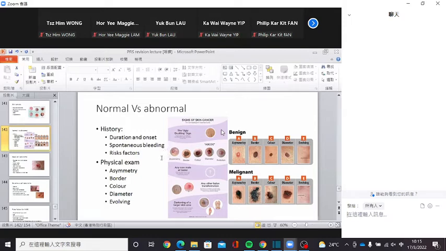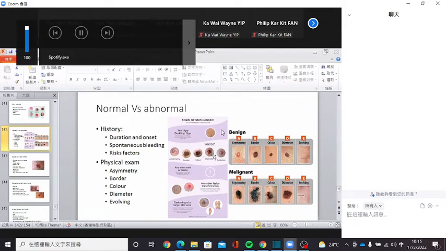Any spontaneous bleeding, any risk factors in your patient's background history, like excessive exposure to UV, or childhood arsenic poisoning. Then in physical examination, you check your ABCDE: the asymmetry, the border, the color, the diameter, and any evolution of the lesion.